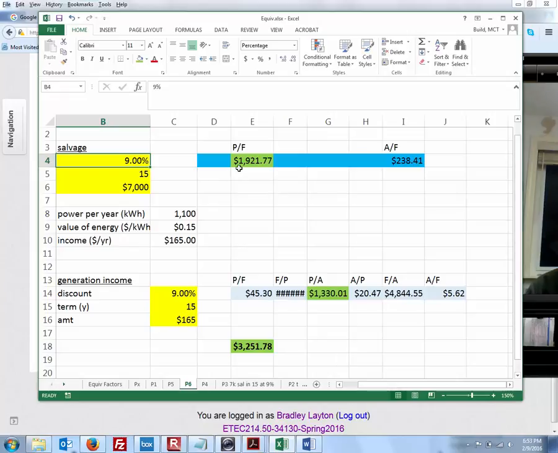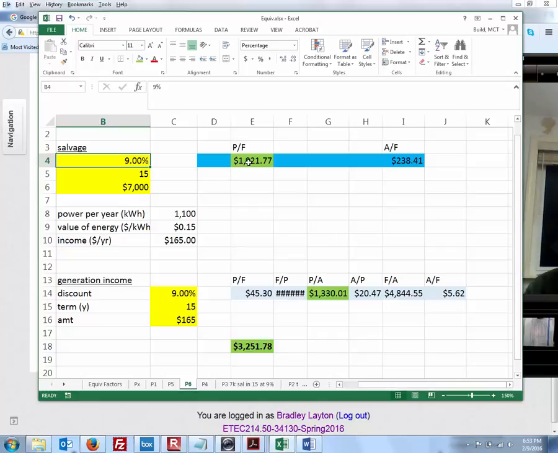But let's just say instead of investing your money in a PV system, you invested your money in American Express stock, and maybe they're making 11%, and they're willing, if you give them some money now, to pay you at 9%, and they still make their 2%, something to that effect.